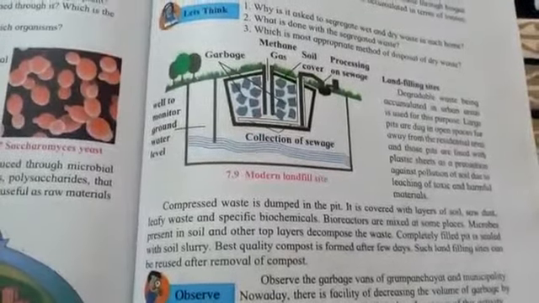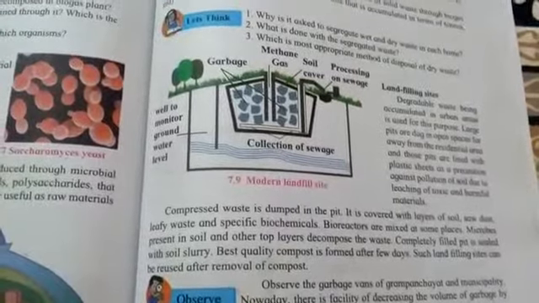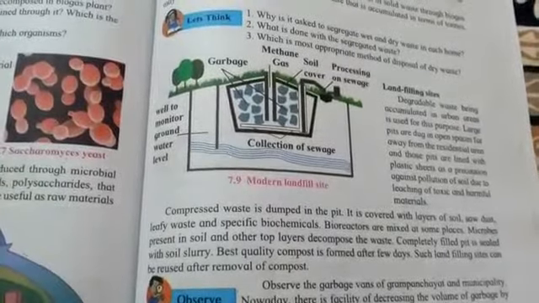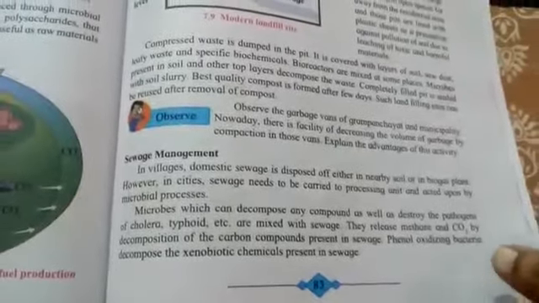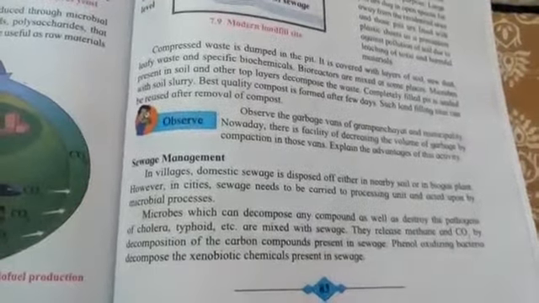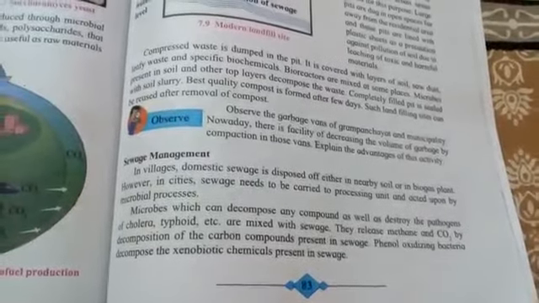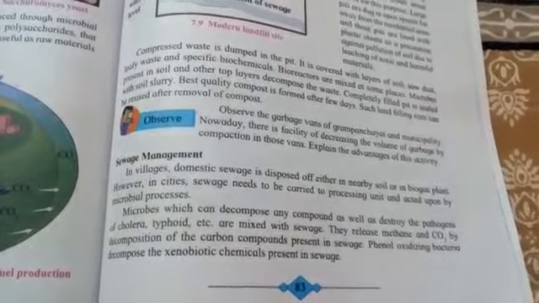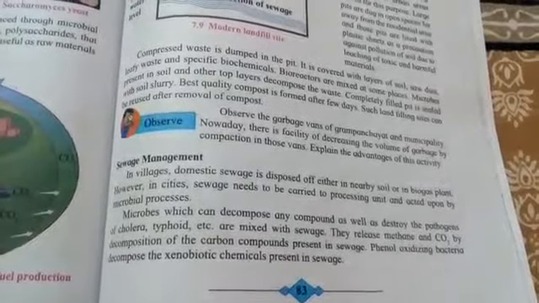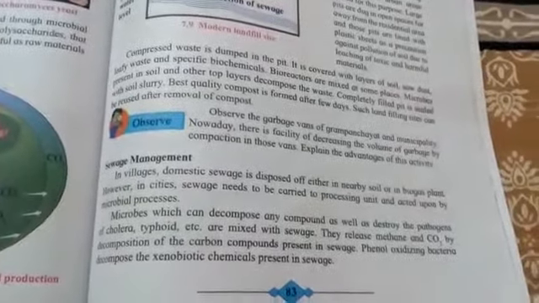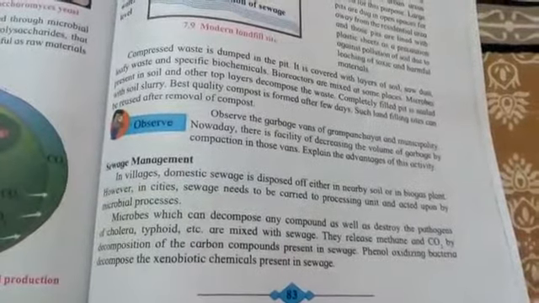So this is how microbes play a very important role in the formation of compost and in avoiding pollution. Then sewage management is also done by various kinds of microbes, because these microbes bring about processing of the sewage, and this is how we can destroy the microbes which are responsible for cholera and typhoid.